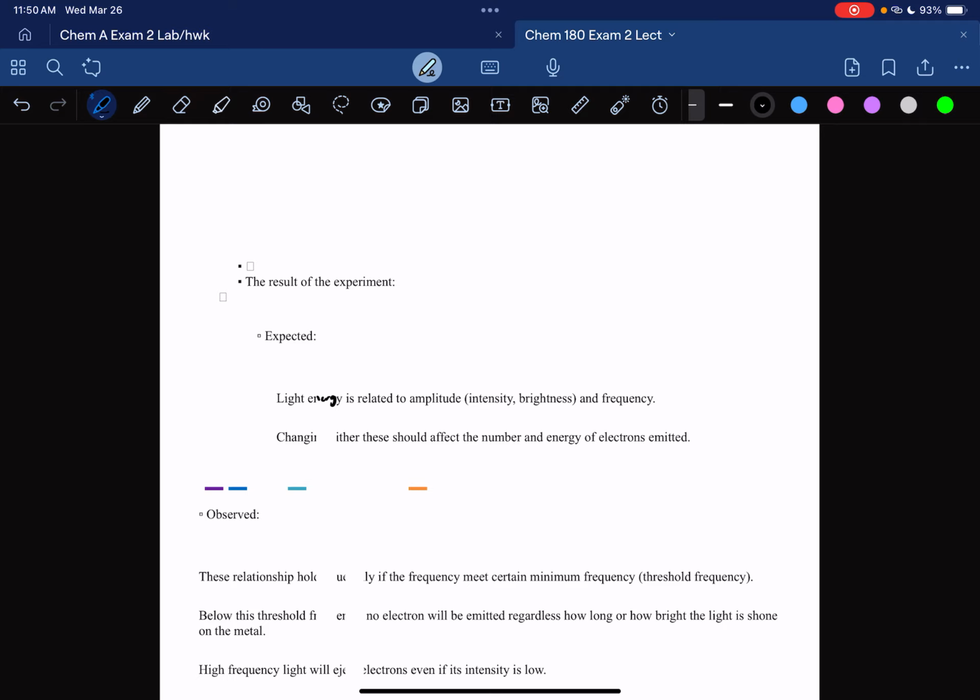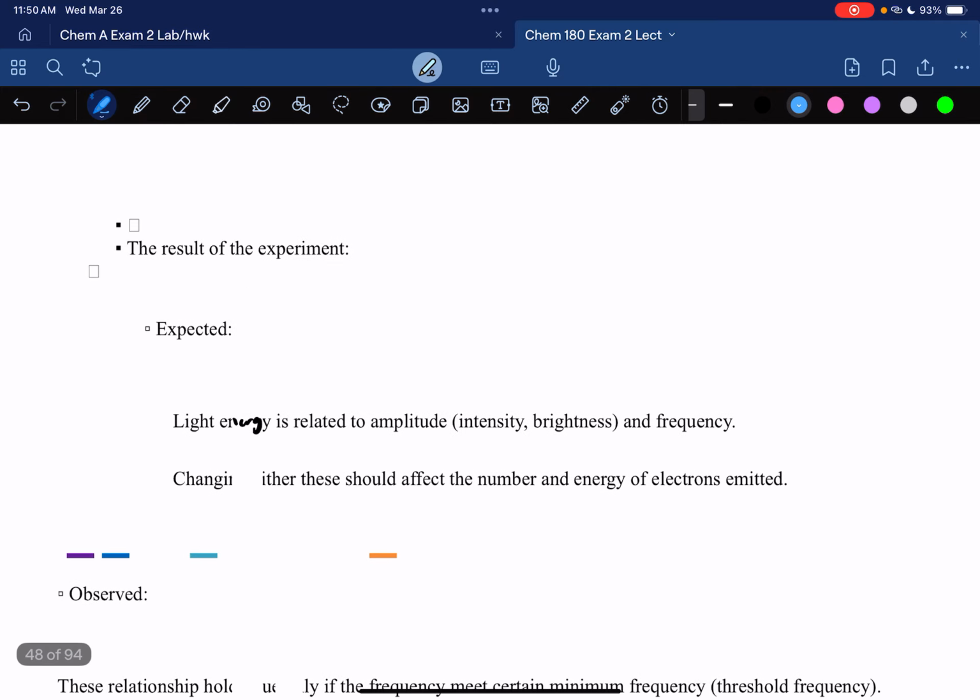But the second part does not hold. Even if I increase the brightness, I cannot eject electrons if I'm using a frequency that is too low. So it's inconsistent with what we thought.